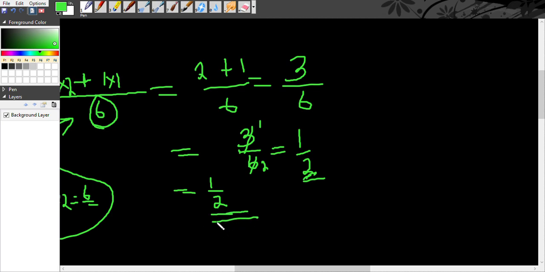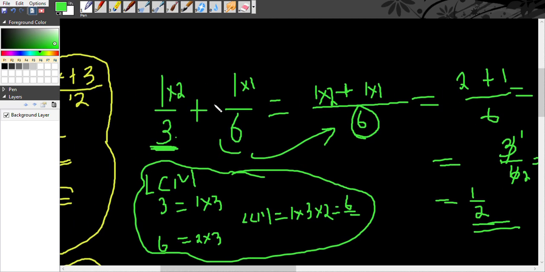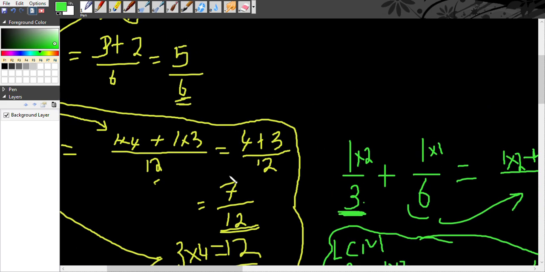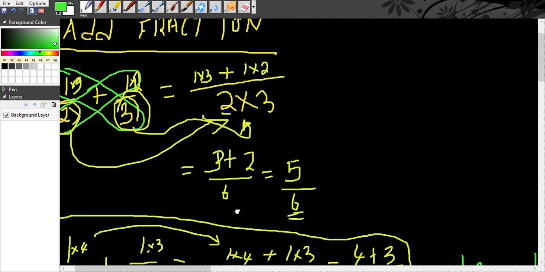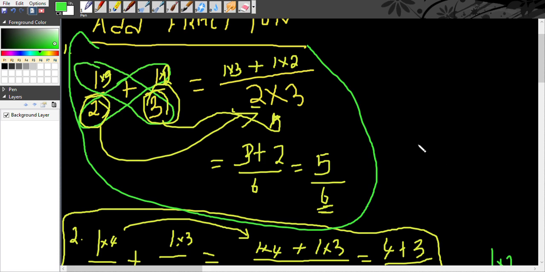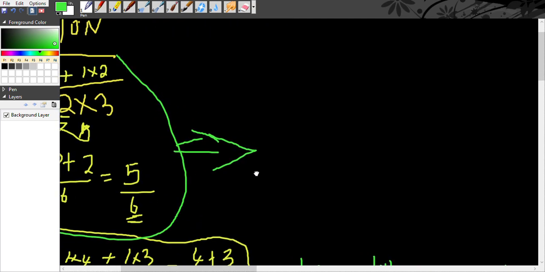So what I wanted to explain in this video is the rules, so we just go through the rules. The first rule is adding fractions of the same numerators with different denominators.